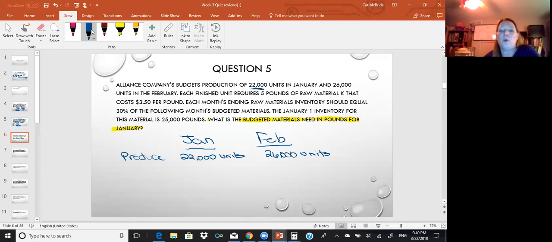Each finished unit requires 5 pounds of raw material. So to figure out materials, for January we actually need 110, and for February we need 130.